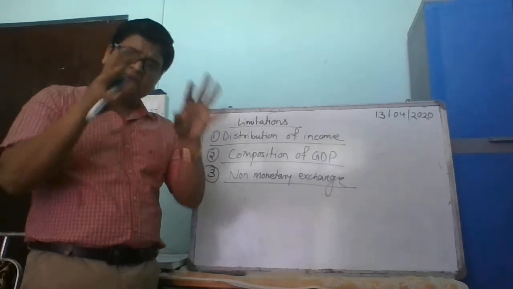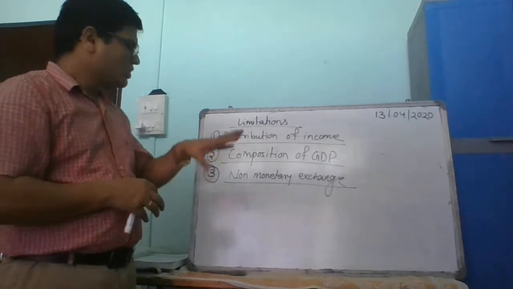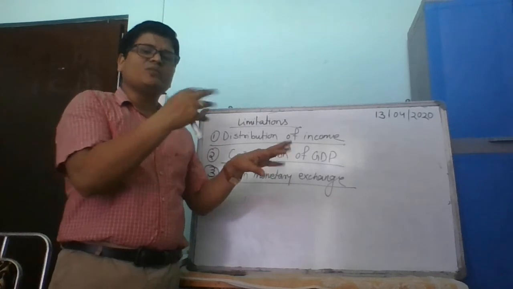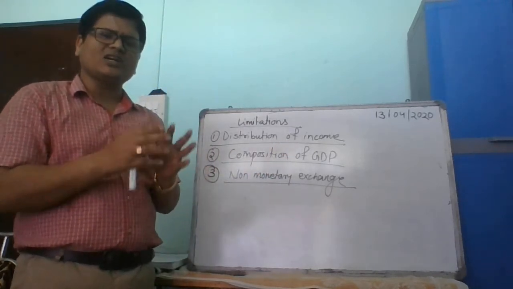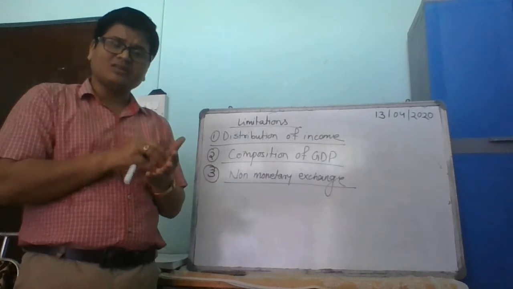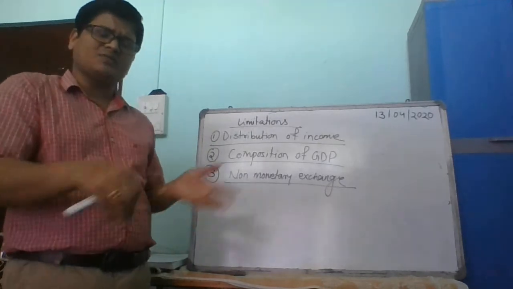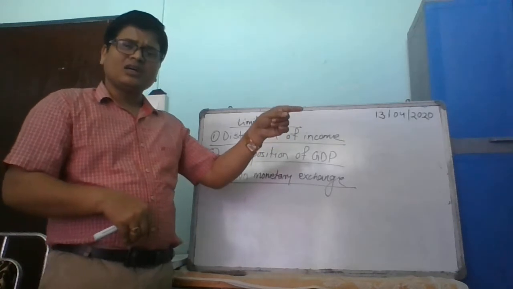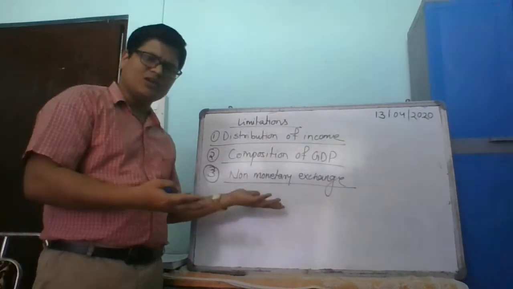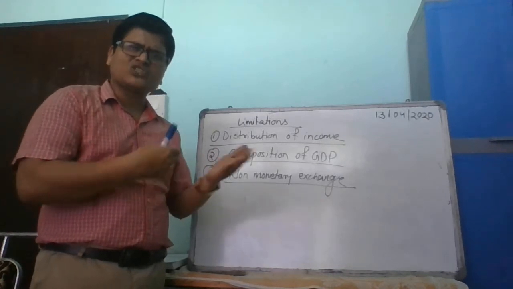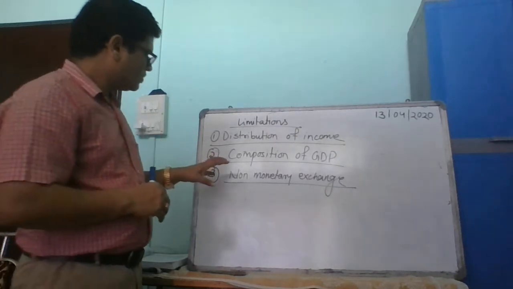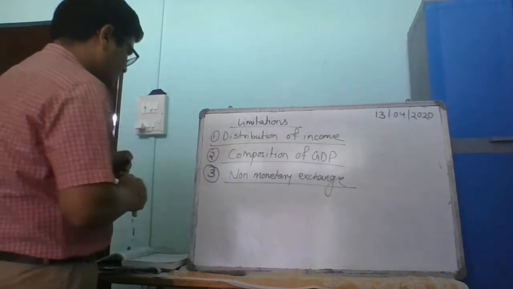So there are different economic activities where there is no exchange of money. These are not a part of GDP because we take the money value of all final goods and services produced in an economy during an accounting year. So it has no money value. They only exchange goods and services. That is the barter system. So this is also a limitation.